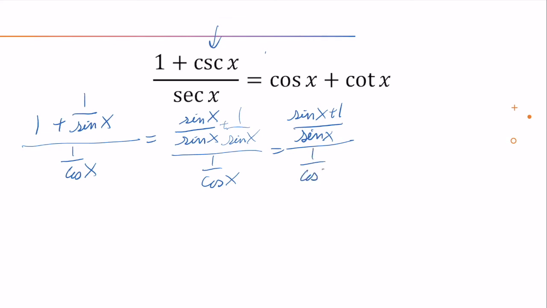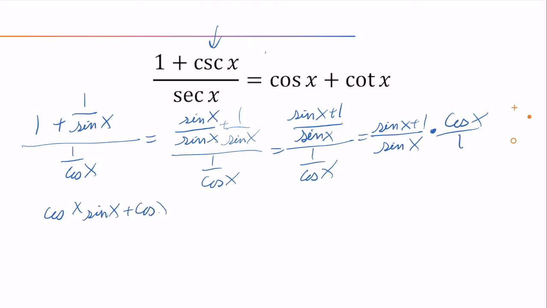Now when we multiply fractions, we keep the first fraction the same. We change from division to multiplication and we flip our second fraction. That gives me cosine x times sine x plus 1, all over sine of x.